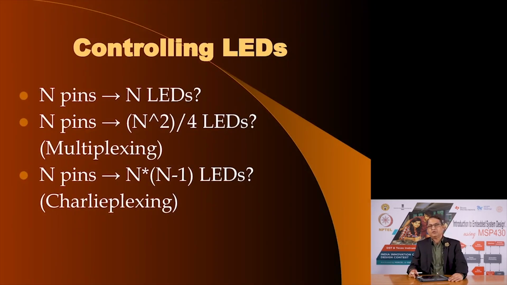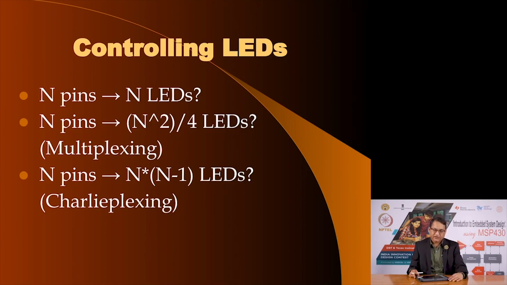Now, we have to consider the situation like we considered for the switch case, that when you want to connect a few number of switches, you can connect one switch each to each pin. As the number of switches increase, you have to optimize the number of pins by creating a matrix, and if you have n pins output and n pins input, that is total number of 2n pins, you are able to control n square switches.